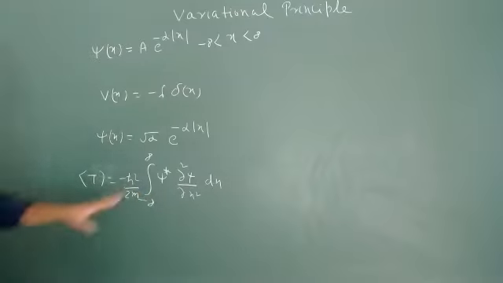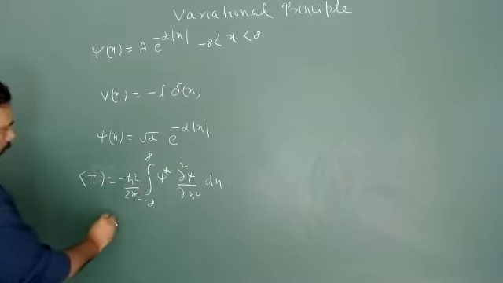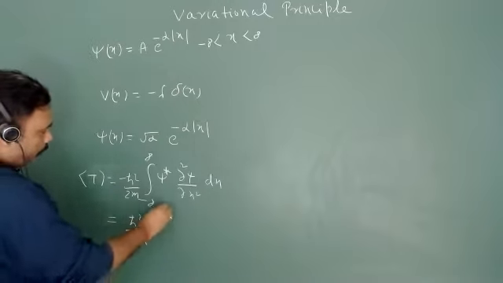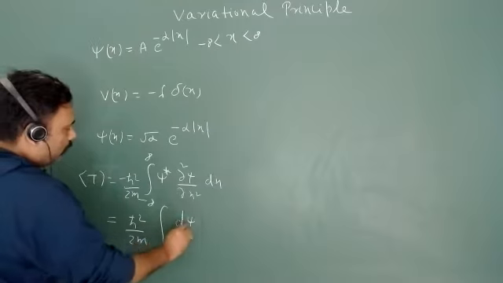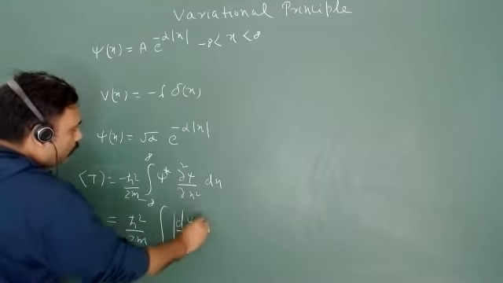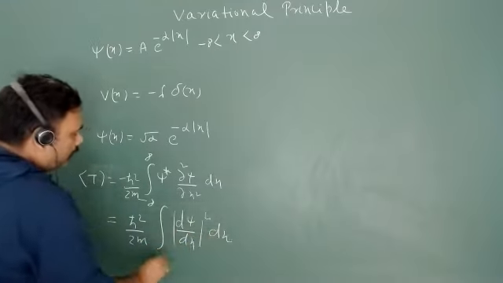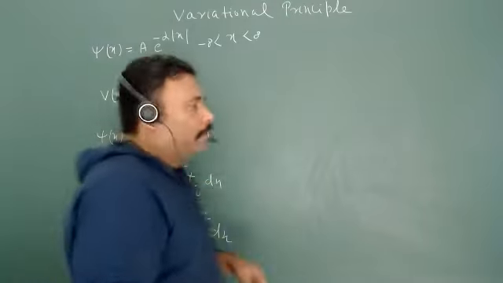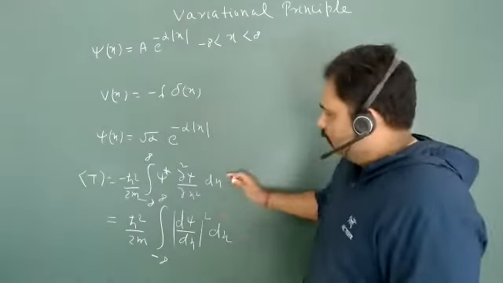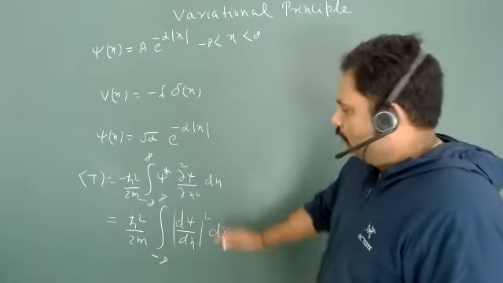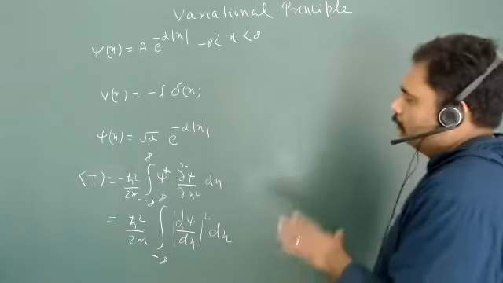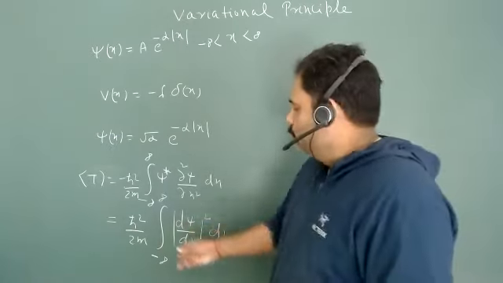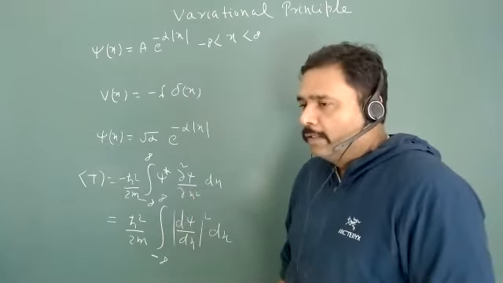So you just go for this definition, that is h cut square upon 2m, and you go for the integral of |d psi upon dx| square dx from minus infinity to plus infinity. So you can reduce this equation into this form. Whenever you have kinetic energy 0 or negative, then you can go for this particular formula.